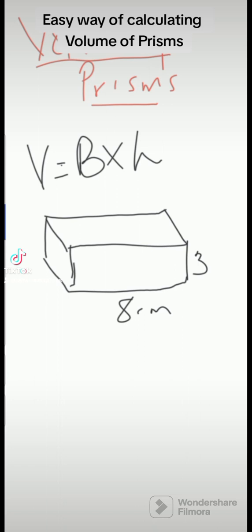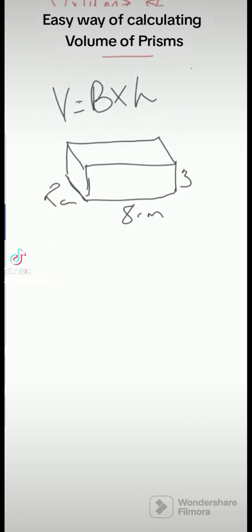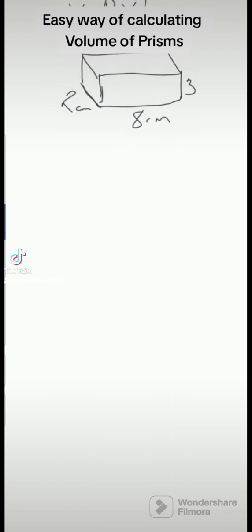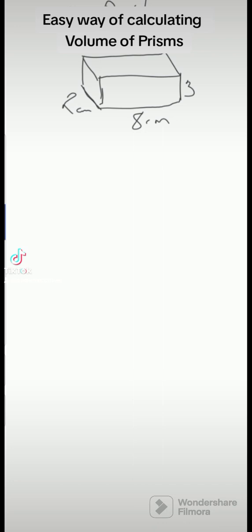Then from here to here is given to be 2 centimeter. Now, if this is the diagram we're given to work on, I will ask to calculate the volume of that figure above. Now, this is what we'll do.